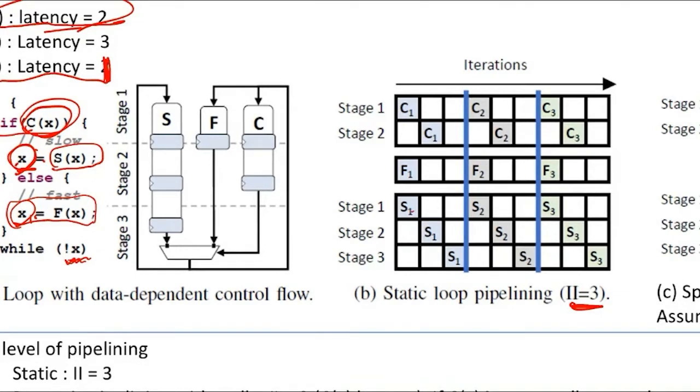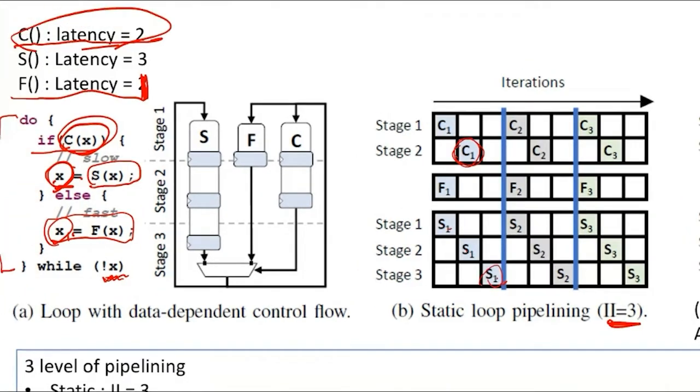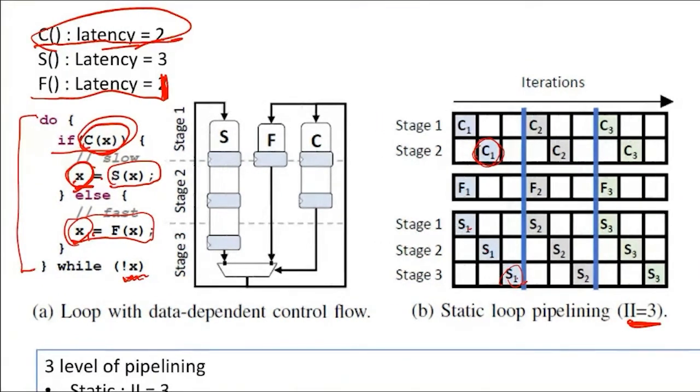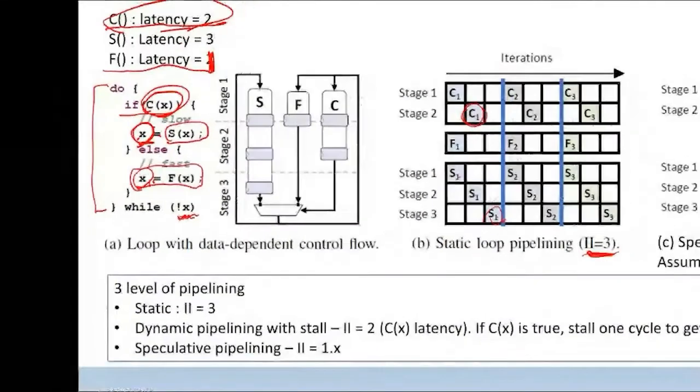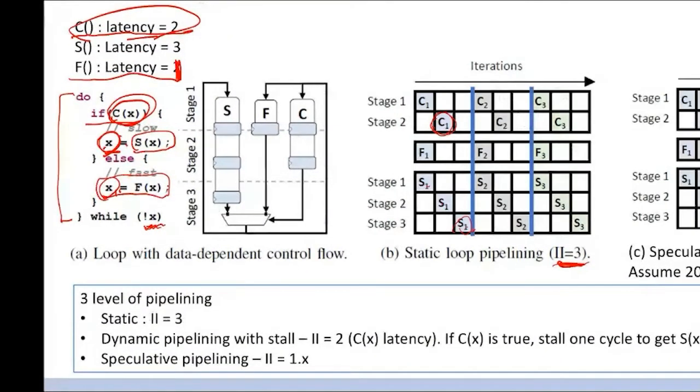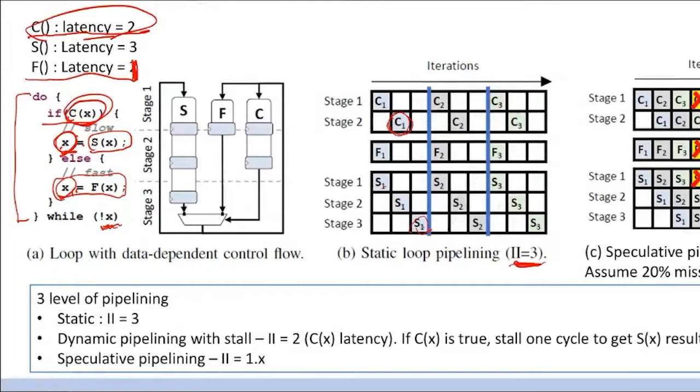After 3 cycles, you start the next iteration. So that's very simple-minded. Or you can apply the previous dynamic pipeline techniques. This one is static; the current HLS compiler will perform exactly like this and give you II equals 3.